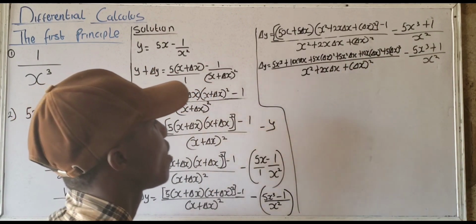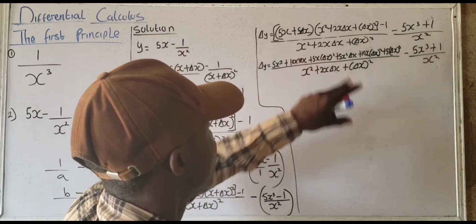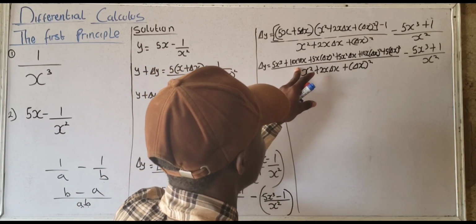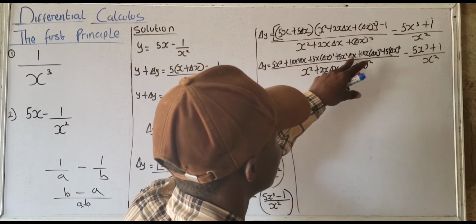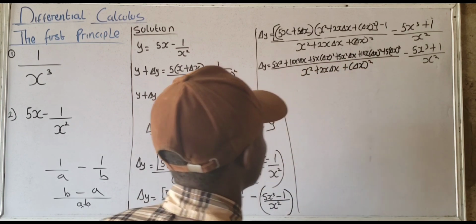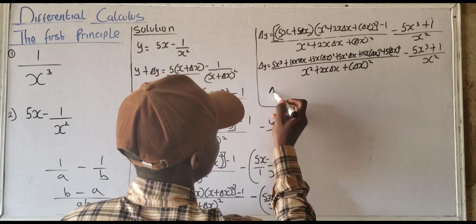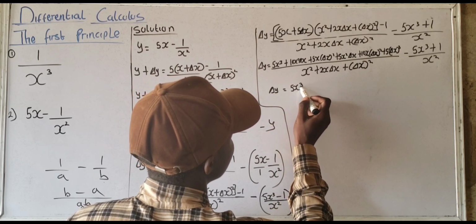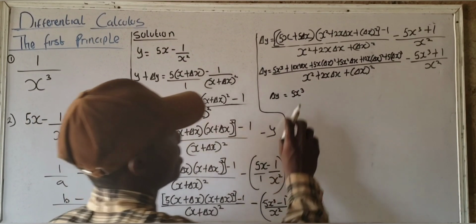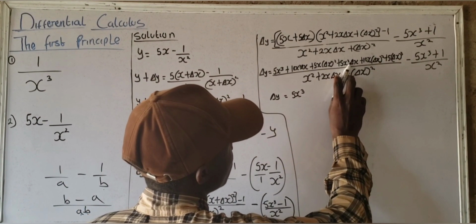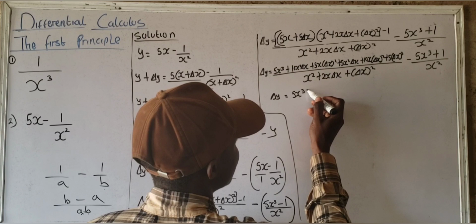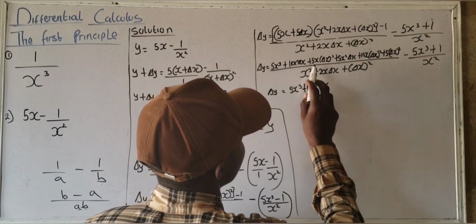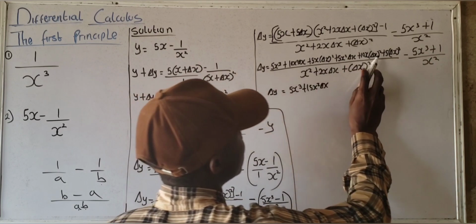You understand? Okay? Now, is there any term that we can have together in this numerator? Let's check. We have 10x squared delta x, and we have 5x squared delta x. We can have both of them together. So I'm going to have delta y, please pay attention, is equals to 5x raised to the power of 3 plus, 10x squared delta x plus 5x squared delta x, that is what? 15x squared delta x, plus 5x delta x squared plus 10x delta x squared, that is what?